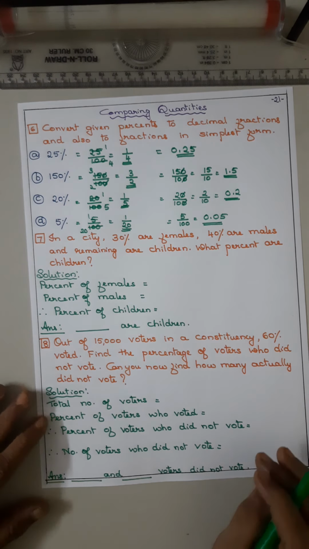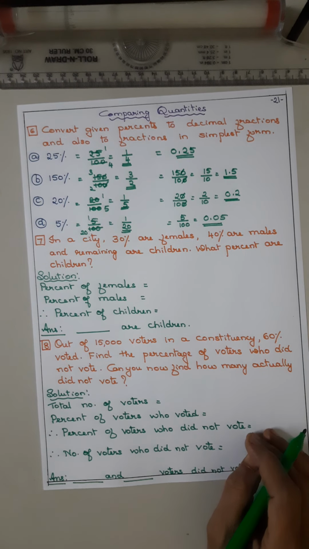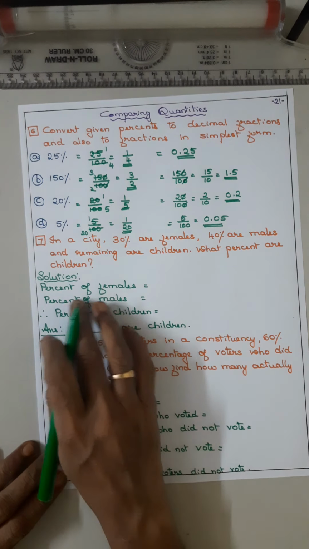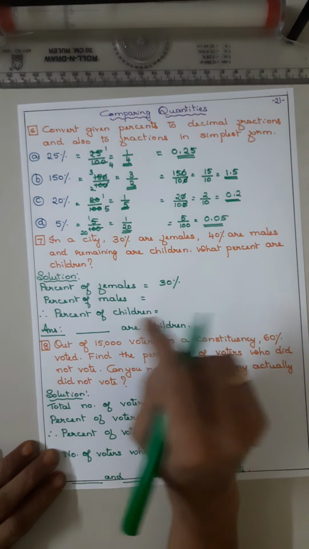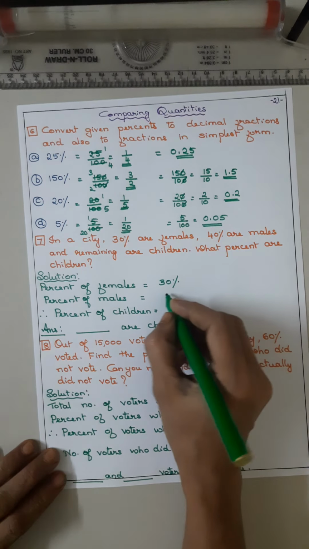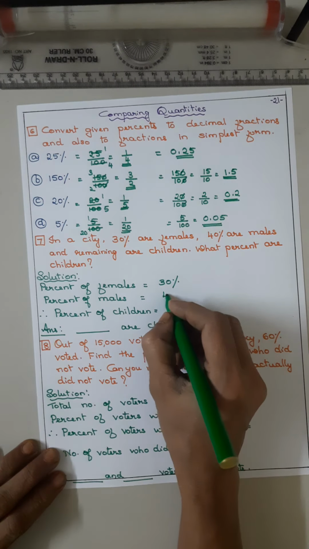In a city, 30% are females and 40% are males, and the remaining are children. What percent are children? Now percent of females, how many? 30%. Percent of males, how many? 40%. Therefore percent of children. So what did I tell you in the examples? We have found out the oranges, apples and mangoes, isn't it?